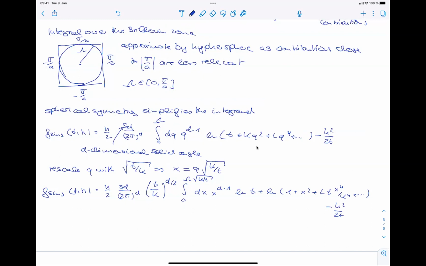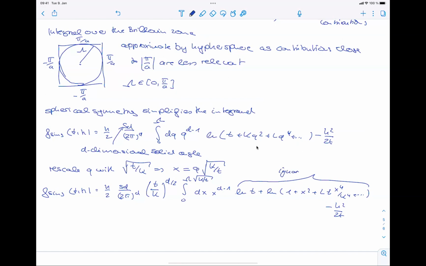And now I can see that these contributions here are higher order, and I ignore the higher order contributions in the reduced temperature t, and subsume this as a constant for behavior around the singularity.